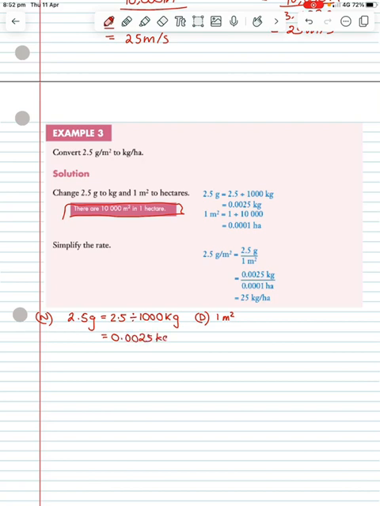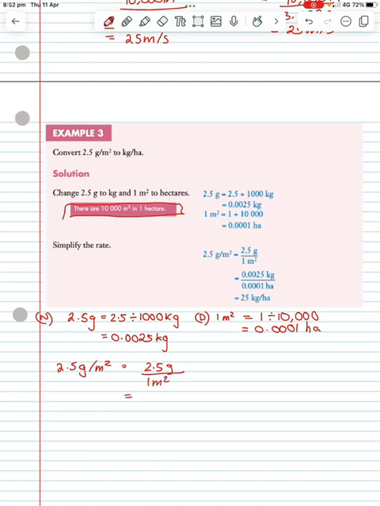0.0025 kilograms. Now for our denominator, we know we've got 1 meter square and we want to convert this to hectares. So we're going to take our 1 and divide it by 10,000. And this is going to give us 0.0001 hectares. So then we can say 2.5 grams per meter square, we can write it as our fraction, over 1 meter square.